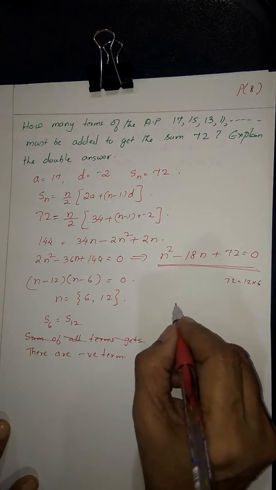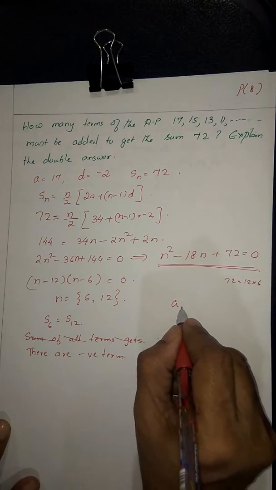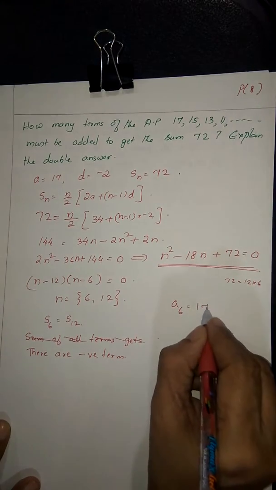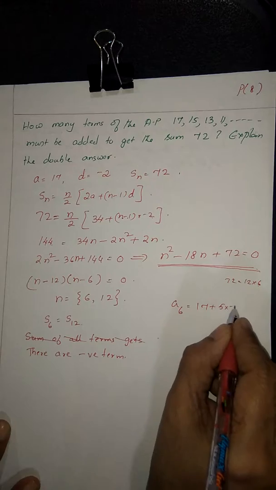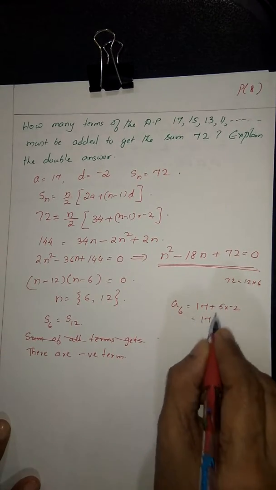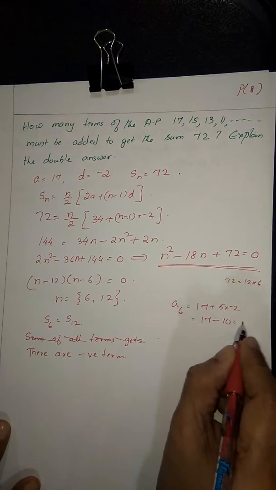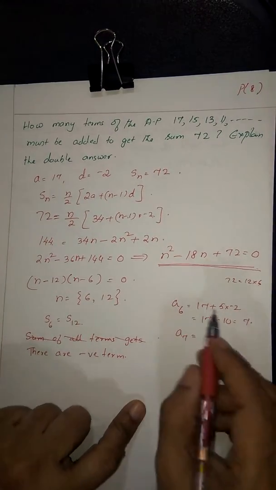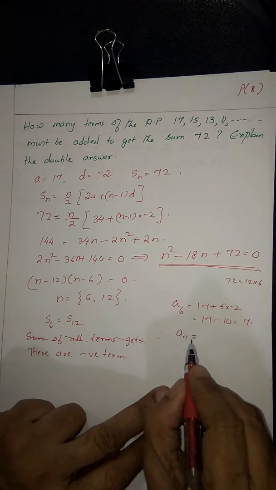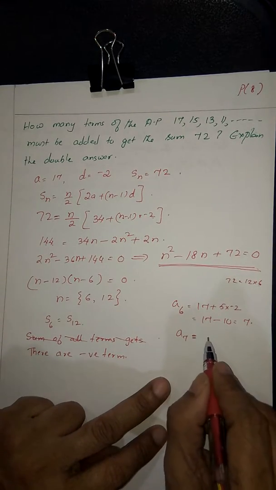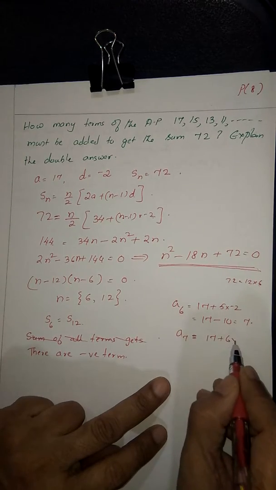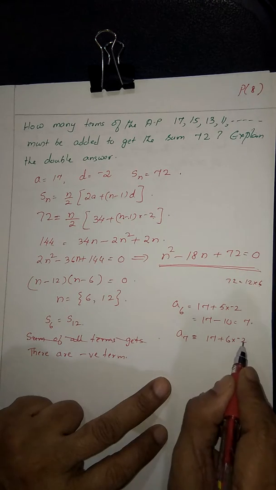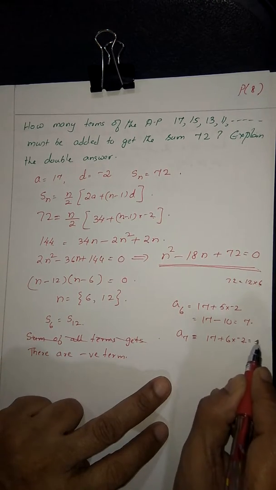For example, we'll see what A6 is. A6 will be 17 plus 5 into minus 2. So you get 17 minus 10 equal to 7. Now A7 we'll see. These are only for your understanding. You don't have to write it in the exam. A7 will be 17 minus 6 into minus 2, so this is equal to 5.